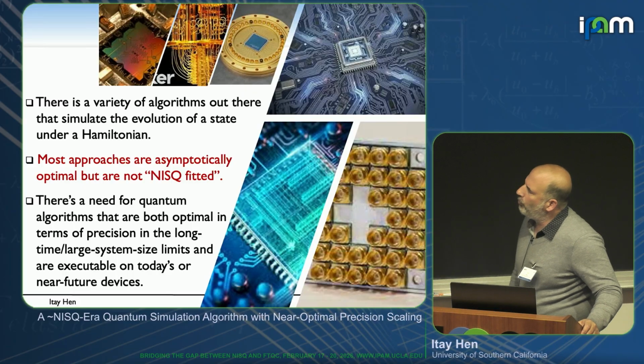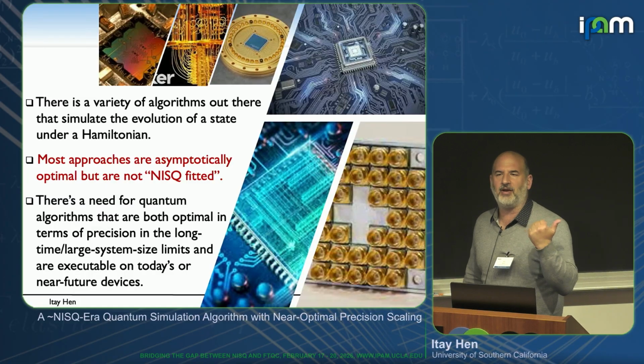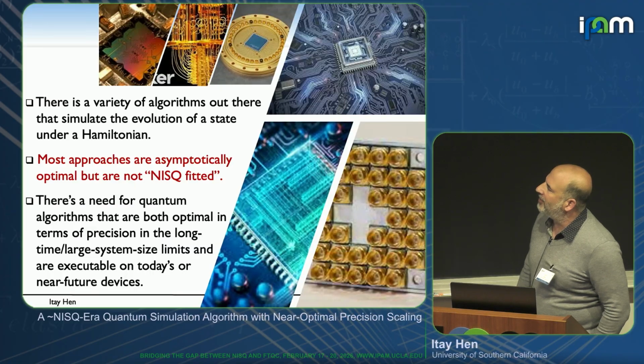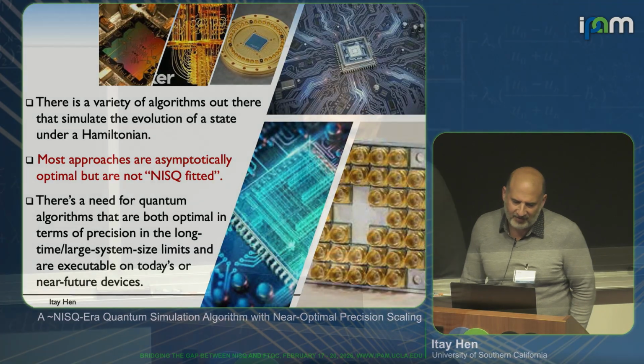But if you look at what people are putting on the IBM chips, for example, you'll see that none of them actually implements any of those asymptotically optimal algorithms. They actually use Trotter-type methods.